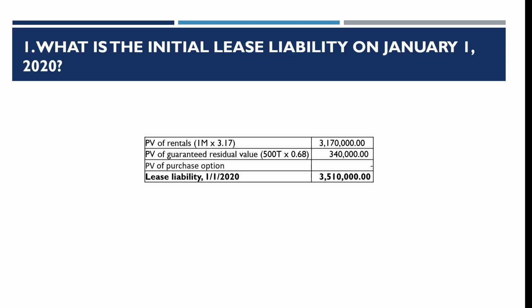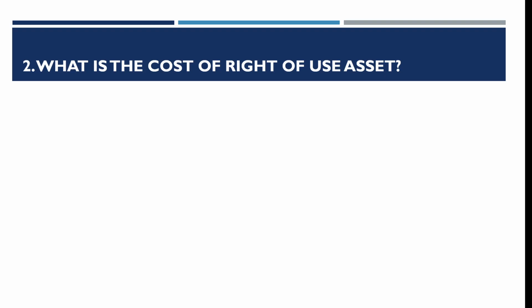So, how much is your initial lease liability? That is 3,510,000. That's for your item number 1. Next, what is the cost of right of use asset? Okay, so gagawin natin kung ano man yung mga pre-present kong components kanina, yun lang din ang mga isasali natin sa computation.